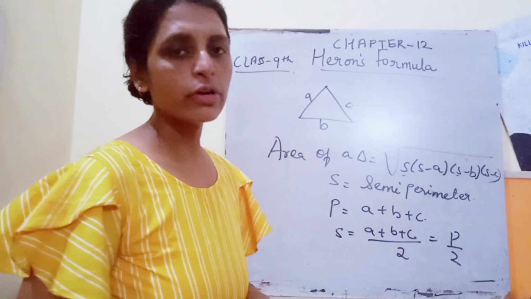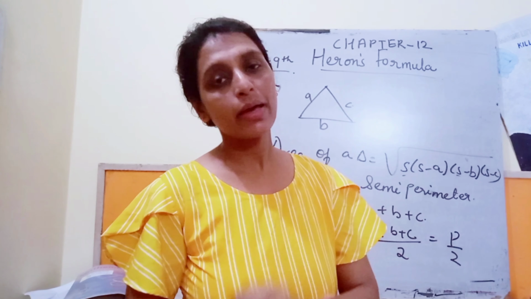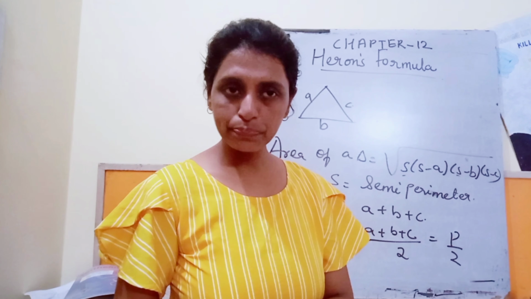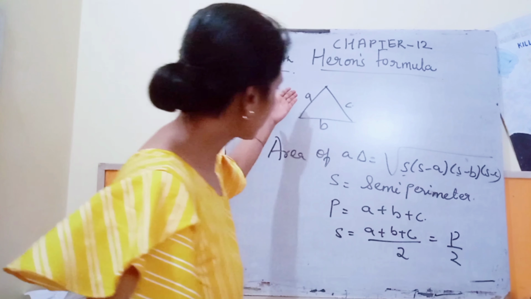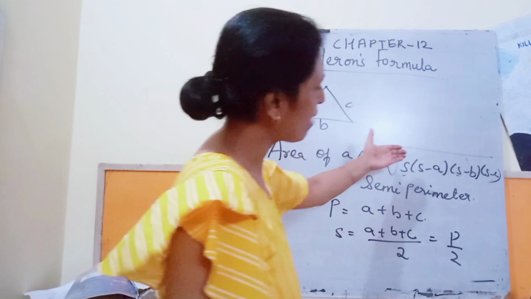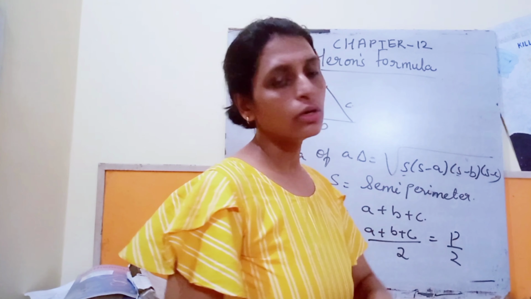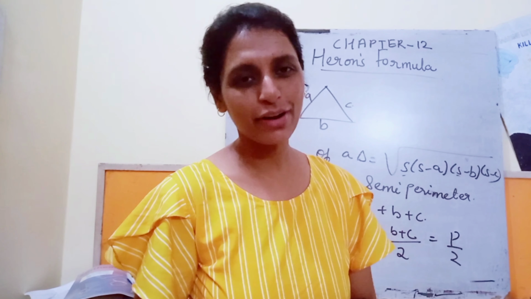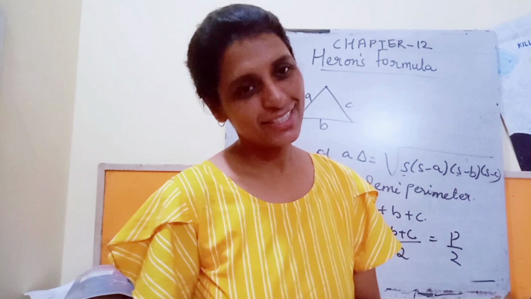For example, if the perimeter of a triangle is 32 centimeter, its semi-perimeter will be its half, that is 16 centimeter. Then if the sides are given, we just apply the formula and easily find the area of a triangle.